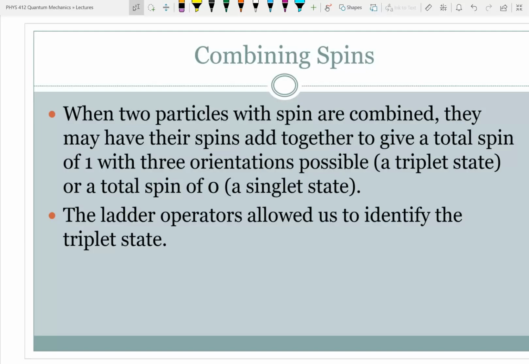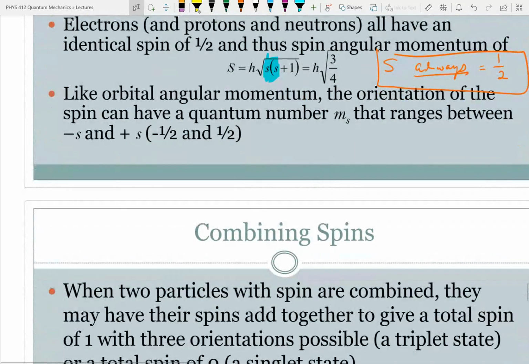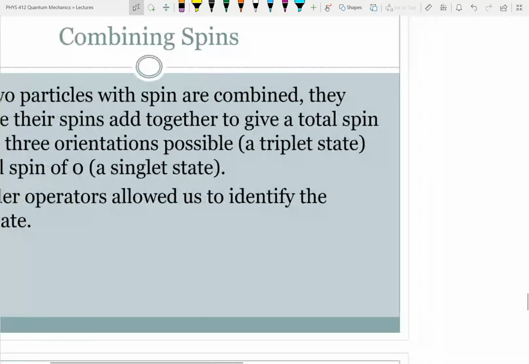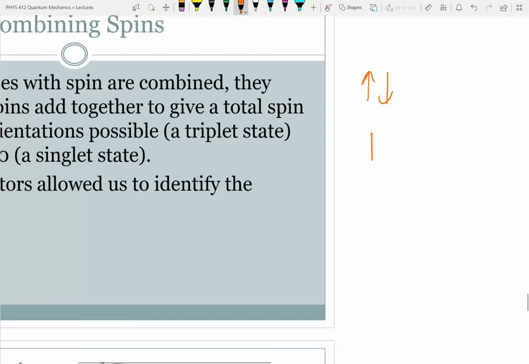When 2 particles are combined, the spins add just as I showed there. And if you have more than one state that will give you the same total spin, remember with 2 electrons, this had an orientation M sub S of 0, but so does this.